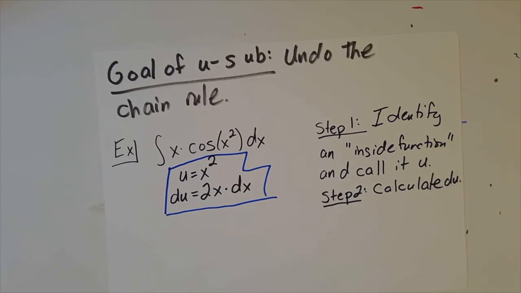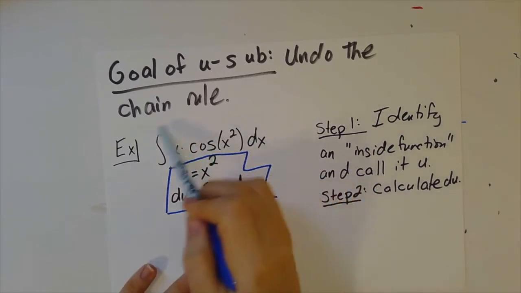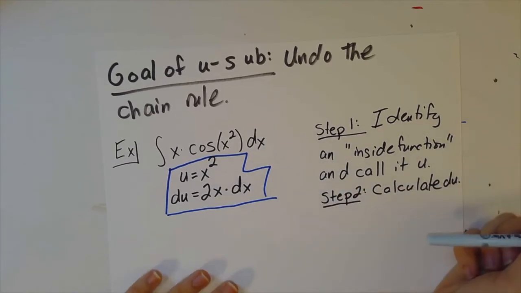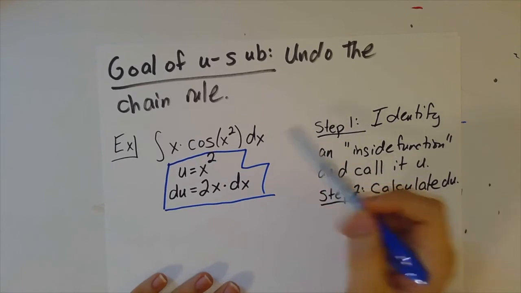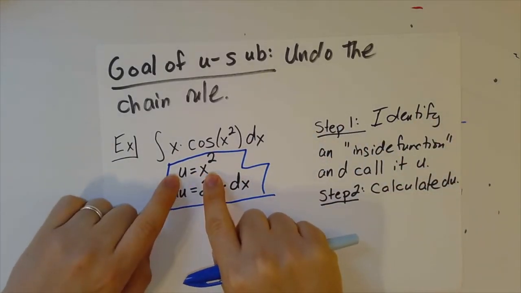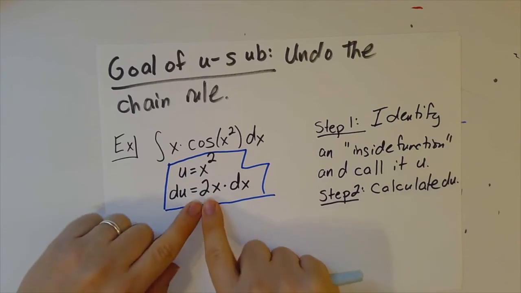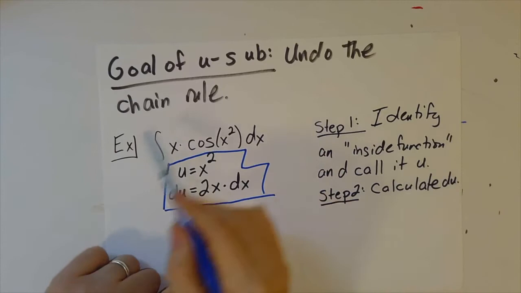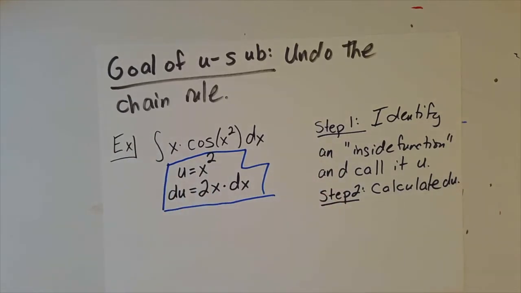Roughly speaking, we're going to translate this problem, which was written in x language, into u language. So we're going to use the fact that I can always replace an x squared with a u and always replace a 2x dx with a du to rewrite everything here in terms of u.